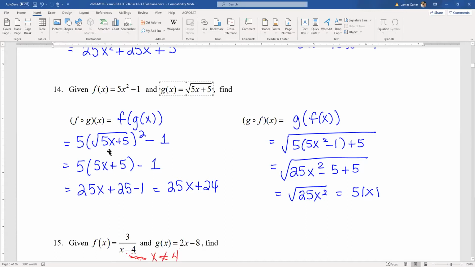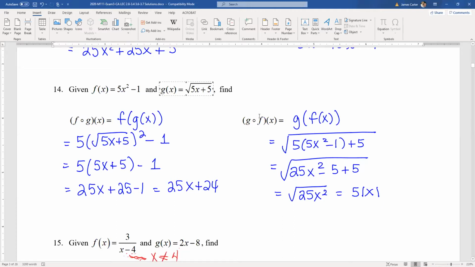Well, this square root of 5x plus 5 squared is just 5x plus 5. So now I distribute that 5 out front, getting 25x plus 25 minus 1. And I simplify that, the 25x plus 24.